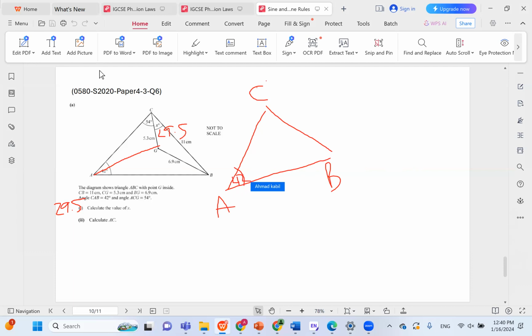So let me erase the line I drew because it won't really help here. So we just have angle 42, and angle C is basically, I apologize, I made a mistake. So this is the triangle again. And we said this angle here is 42. And we have angle C. So angle C is 54 plus X. So 54 plus 29.5 is equal to 83.5.